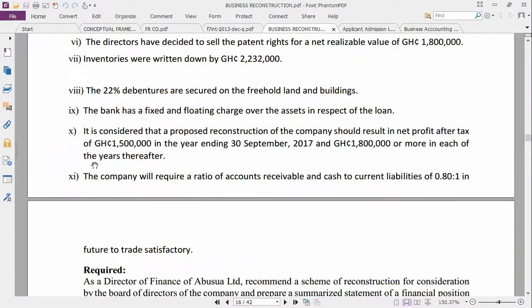They'll ask: the company will require the ratio of account receivable and cash to current liability of what? 0.80:1. That's the ratio that they are asking for.